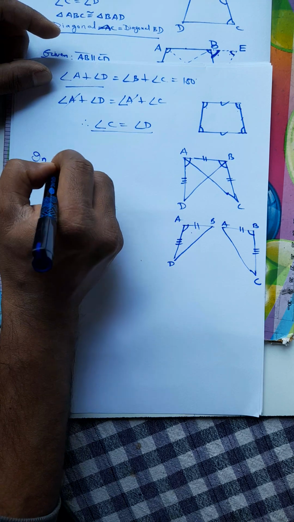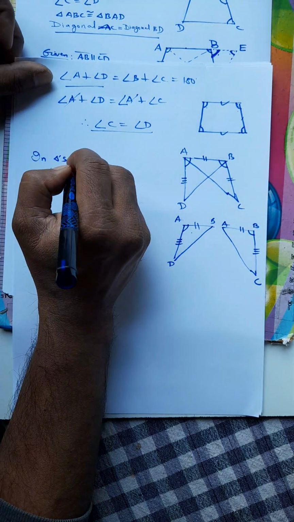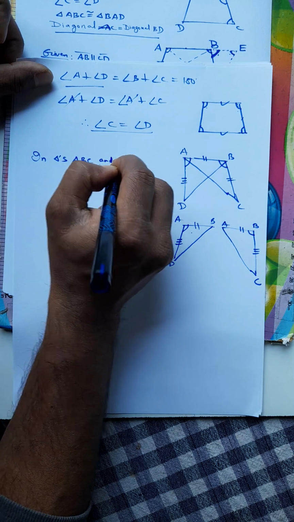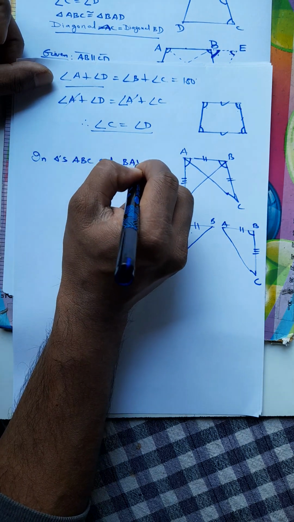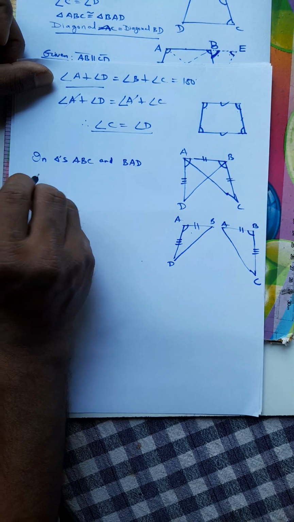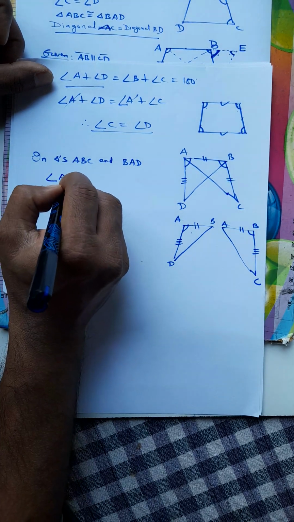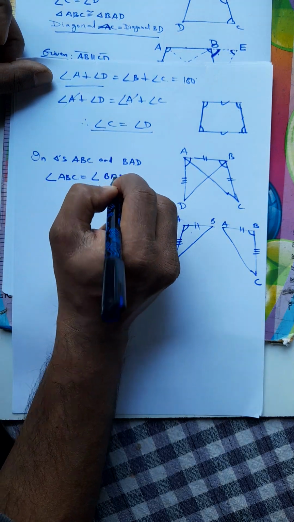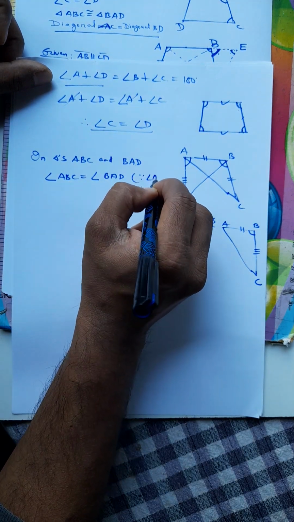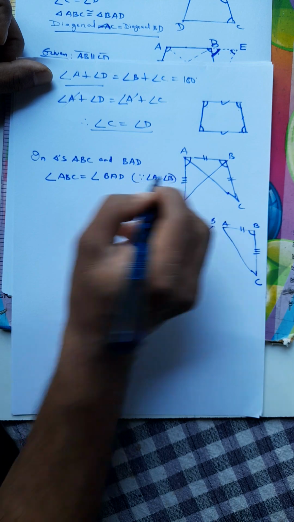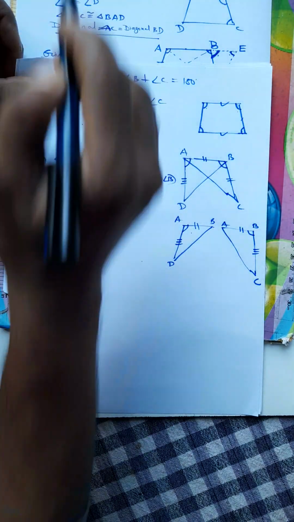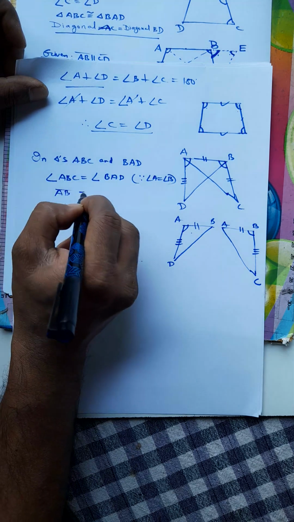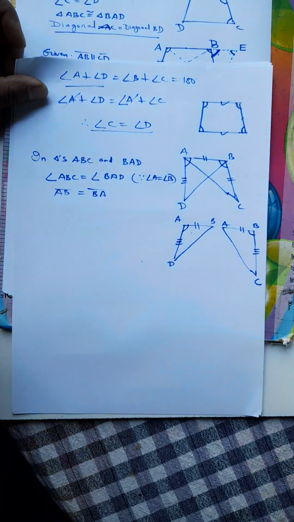In triangles ABC and BAD, we find that angle ABC equal to angle BAD, since angle A equal to angle B. This was proved earlier. In first case we proved this. AB equal to BA, common side.